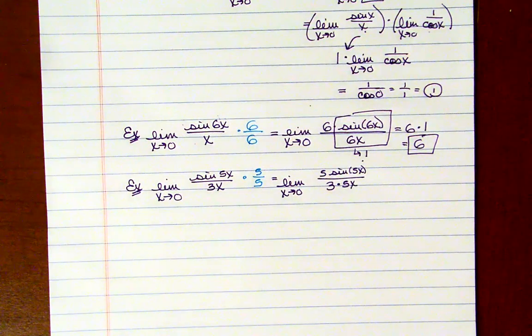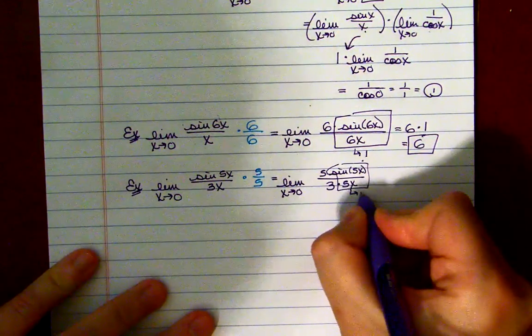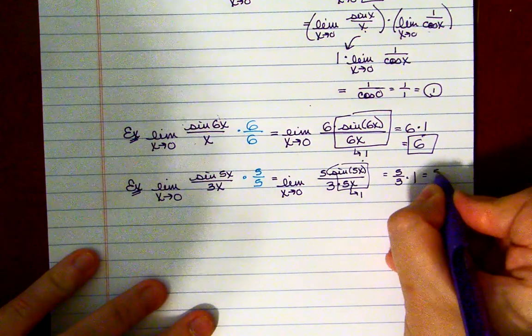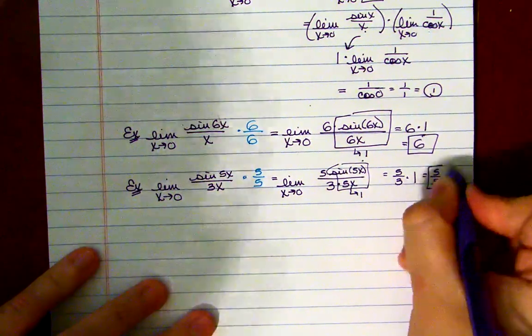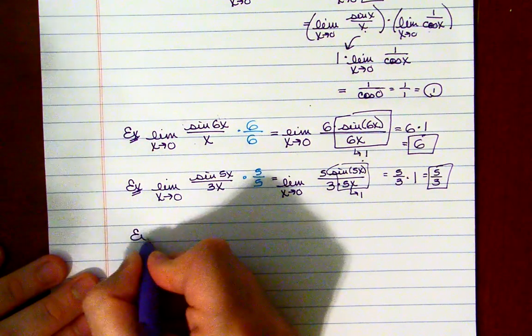I want to see if you see what's going on here and if you can finish this off. That sine 5x over 5x thing, that's just 1. We're going to get 5/3 times 1. We're going to get 5/3.